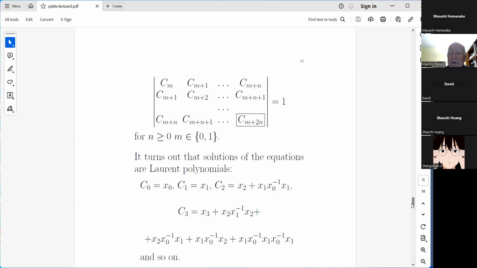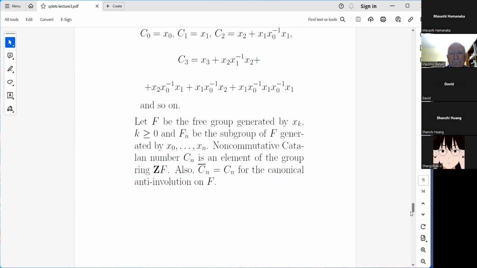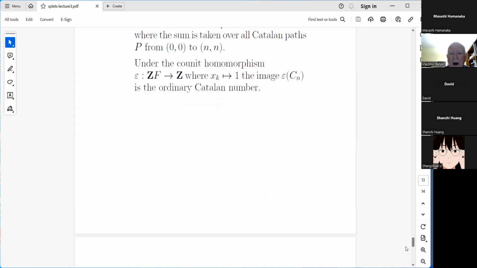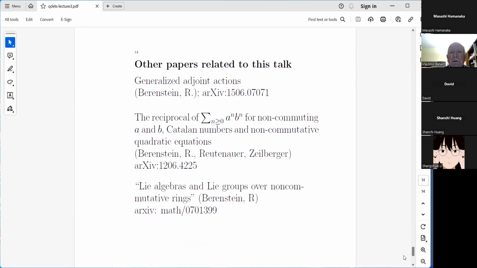It's written actually in our paper. Okay, now it's almost time, and I would just mention some other papers which are related to this talk.